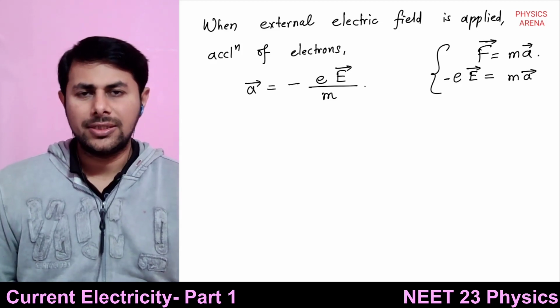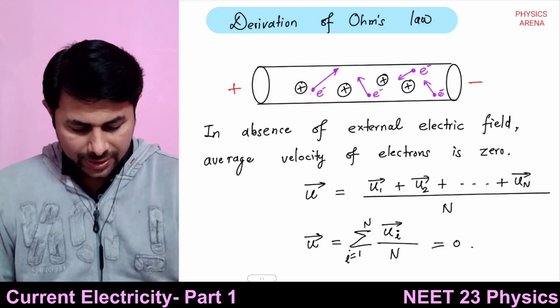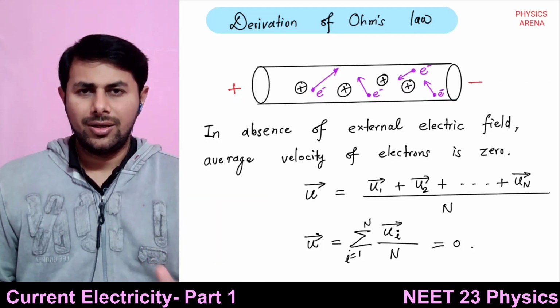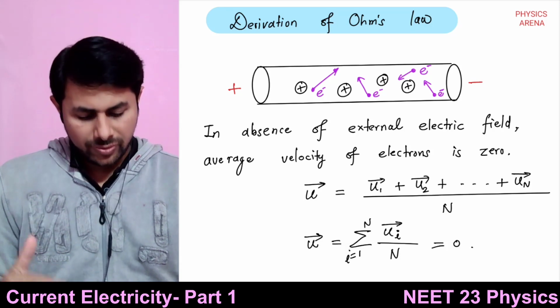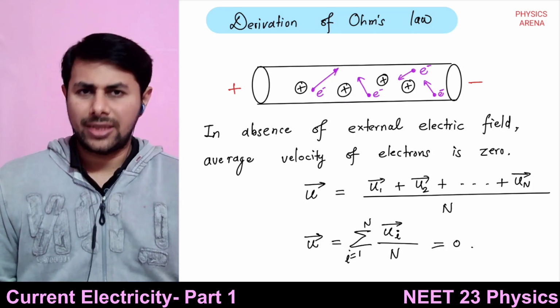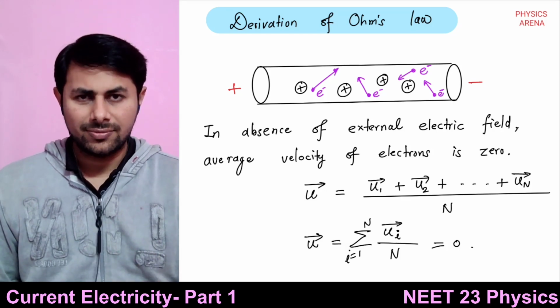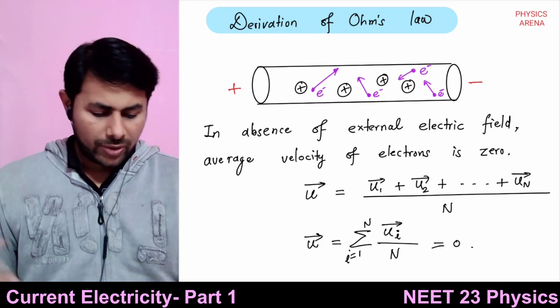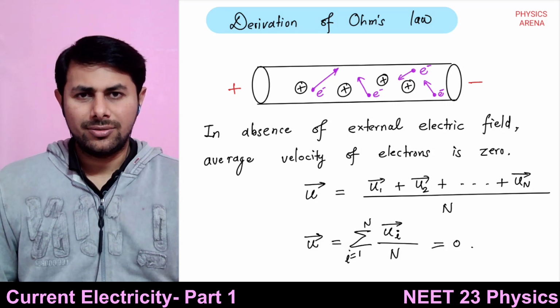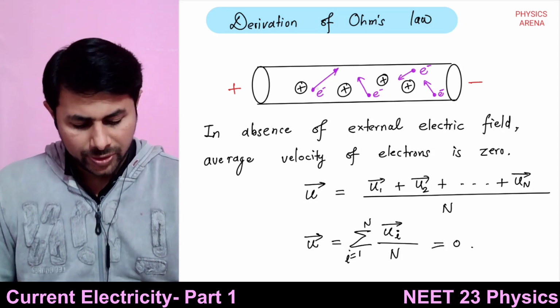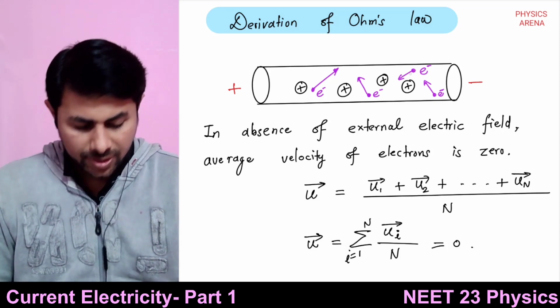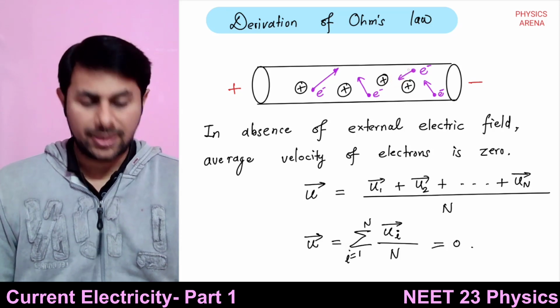So now these electrons are moving inside the conductor. So they will collide with the atoms inside the conductor, the ions inside the conductor and the other electrons. And what will happen after the collision? So suppose an electron was moving in some direction. Suppose this electron was moving in this direction.